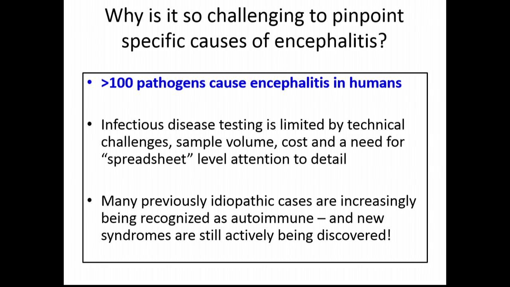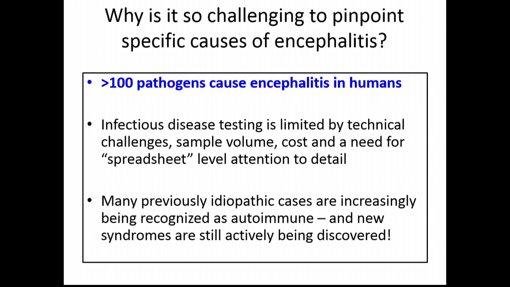Number one is that the infectious diagnoses can be hard because infectious diagnostics need a bit of a revolution. And what I mean by that is that over 100 pathogens have been described to date to cause encephalitis in humans. That's a lot.